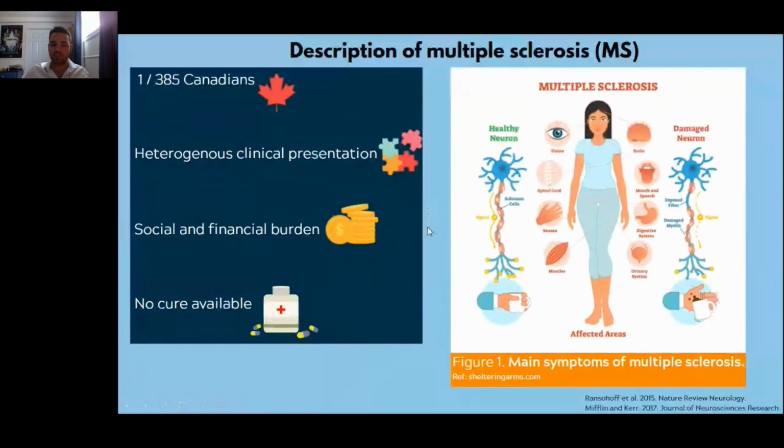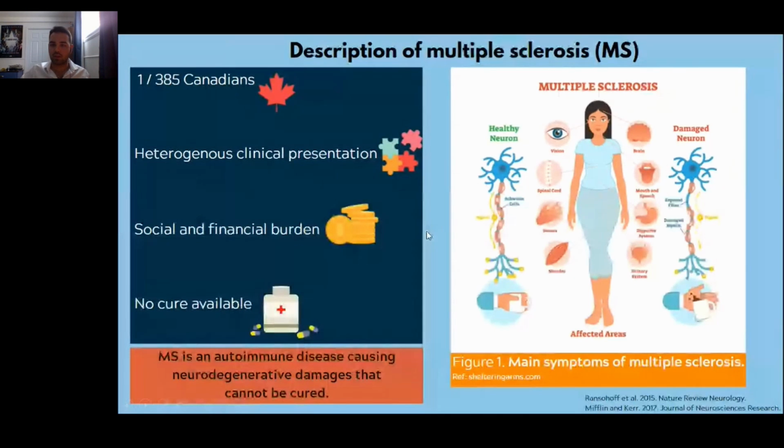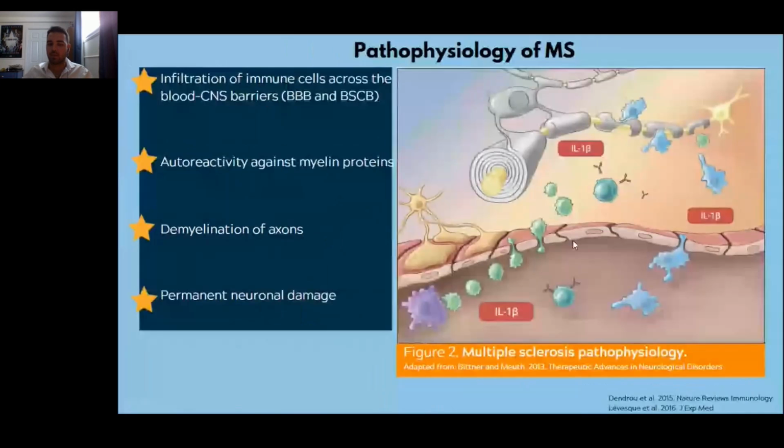And most unfortunately, no cures are available against multiple sclerosis. Although it can be slowed down, the neurodegenerative symptoms can never be reversed. So what happens in the central nervous system during MS? We have here immune cells that will cross the blood-brain barrier and attack the myelin sheath of neurons, causing axonal degradation and loss of function that translates into the previously mentioned symptoms.